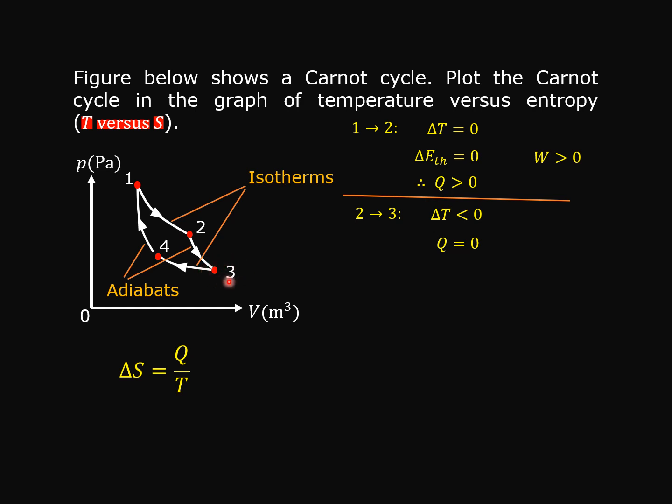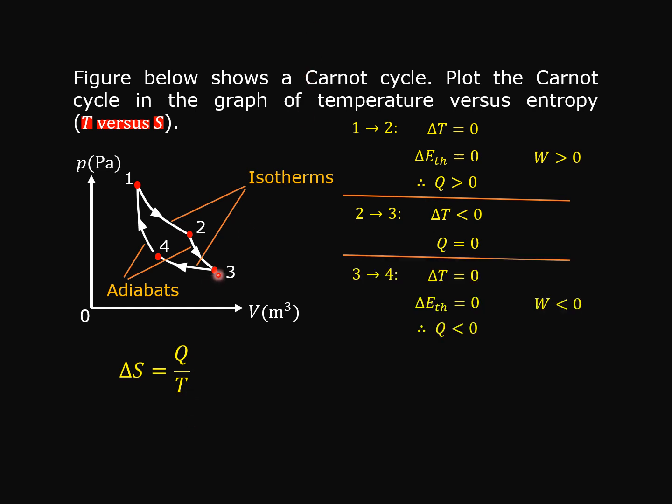Therefore, the temperature T3 must be less than the temperature T2, so delta T is less than 0. And from 2 to 3, the process is the adiabatic expansion. For any adiabatic process, Q is equal to 0. That means there is no heat transfer in this process from 2 to 3.